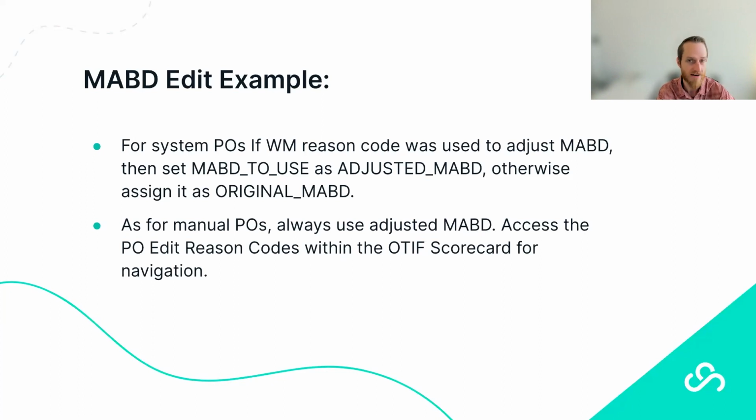So if it's manual, you have leeway to make changes, and we would highly recommend it because you can hopefully pretty much always avoid on-time issues on manual orders because you can always adjust it before the due date. So if you see manual orders with on-time issues, it's definitely something you should look at as, hey, we could be editing this MABD to actually move it to when we're going to deliver so we can be considered on time.